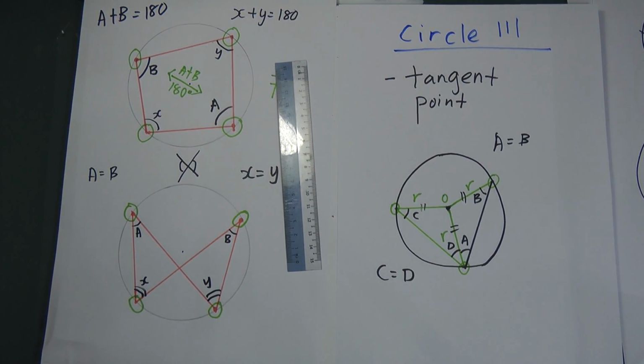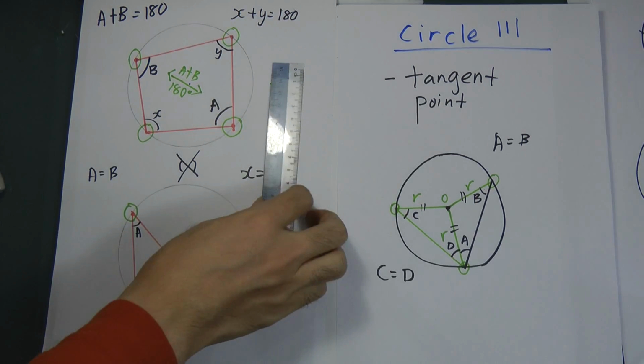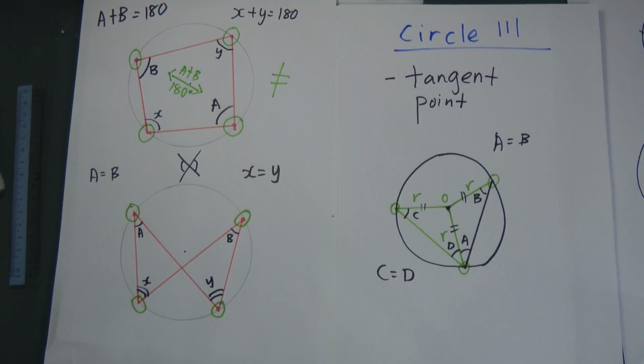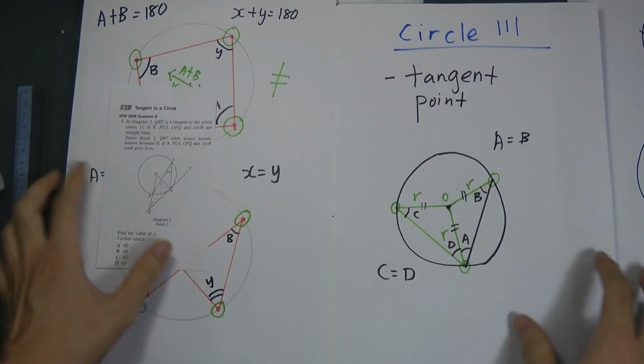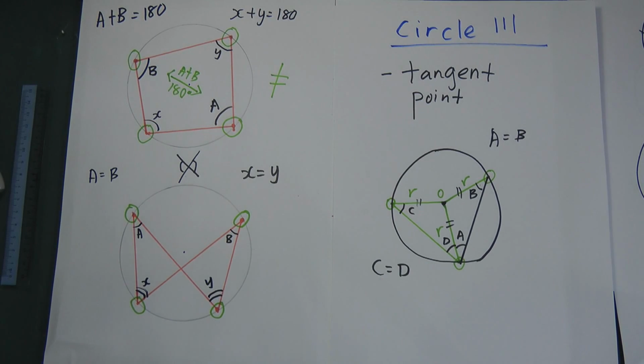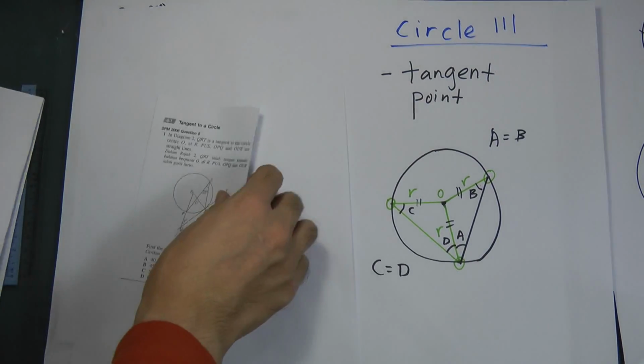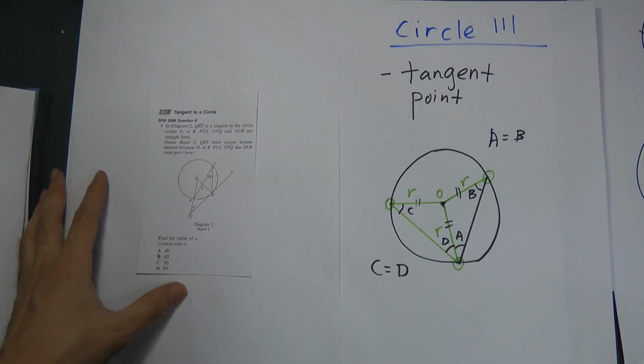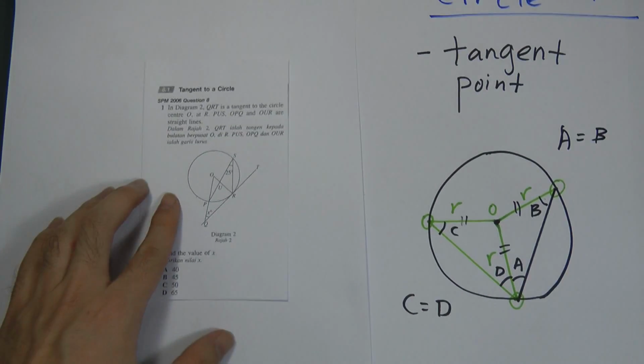Then we go to a few of the past year questions. Since this past year question is very small, allow me to zoom in. Just zoom in, and make sure you can read it properly.